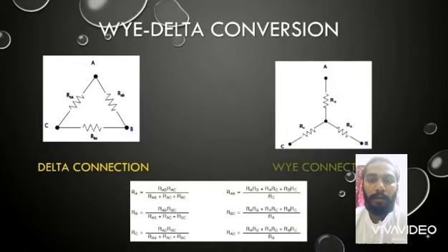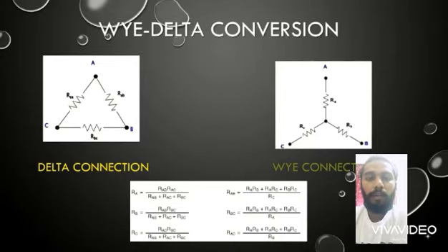RB and RC are the same way. RB is RAB times RBC over RAB plus RAC plus RBC. Then RC is RAC times RBC over RAB plus RAC plus RBC.